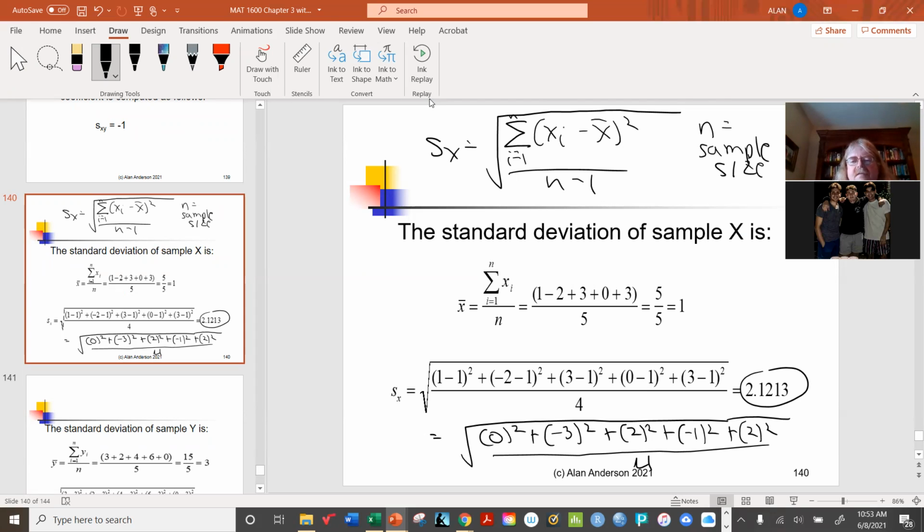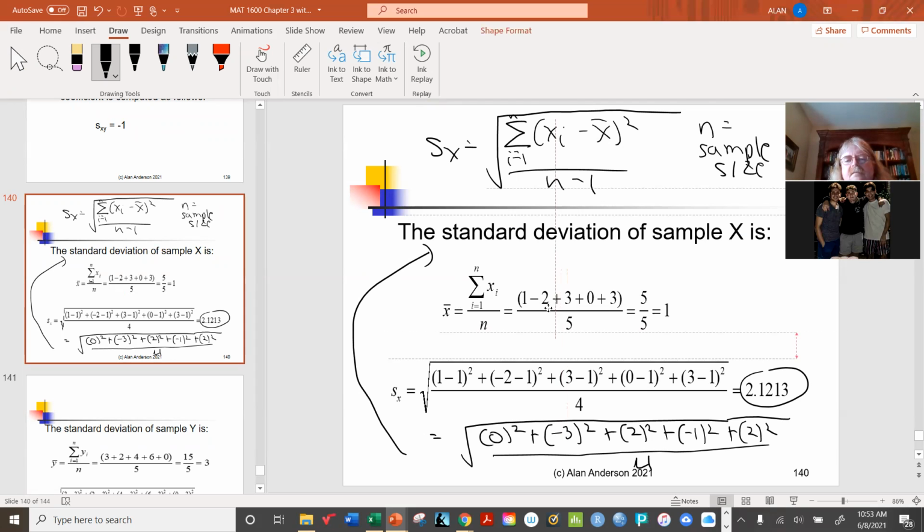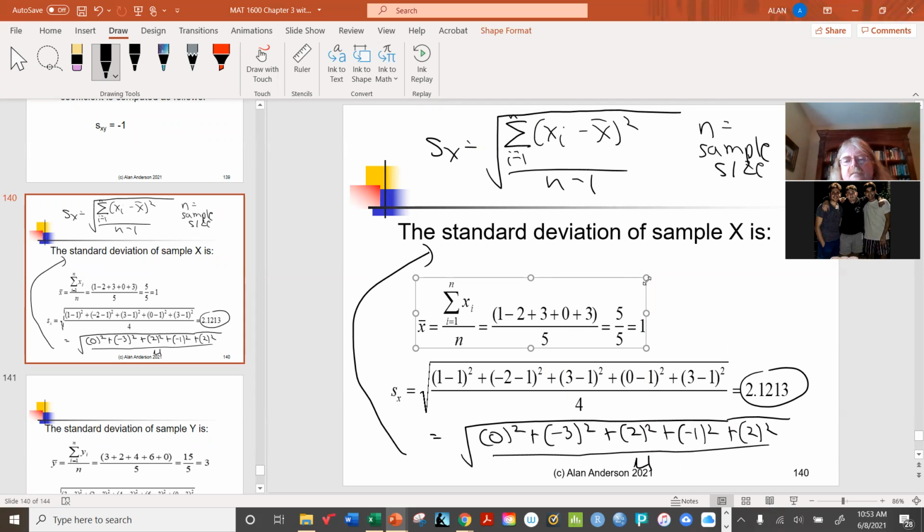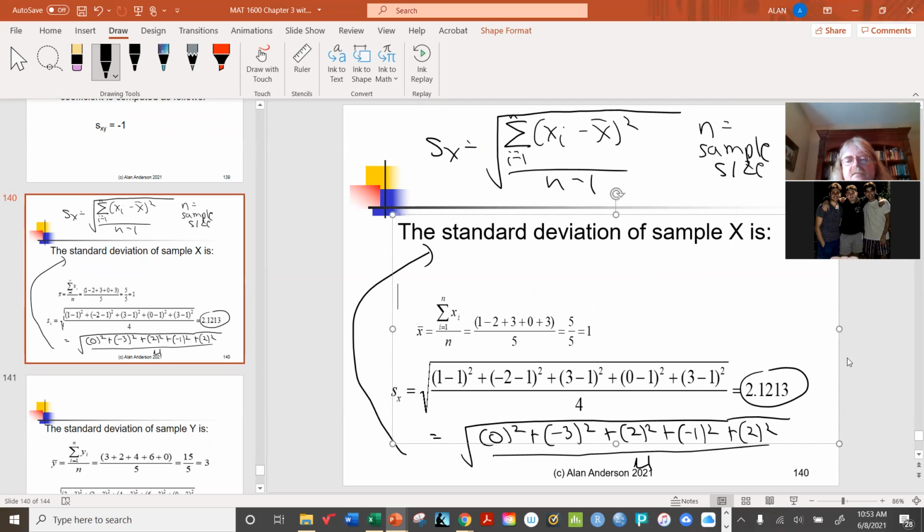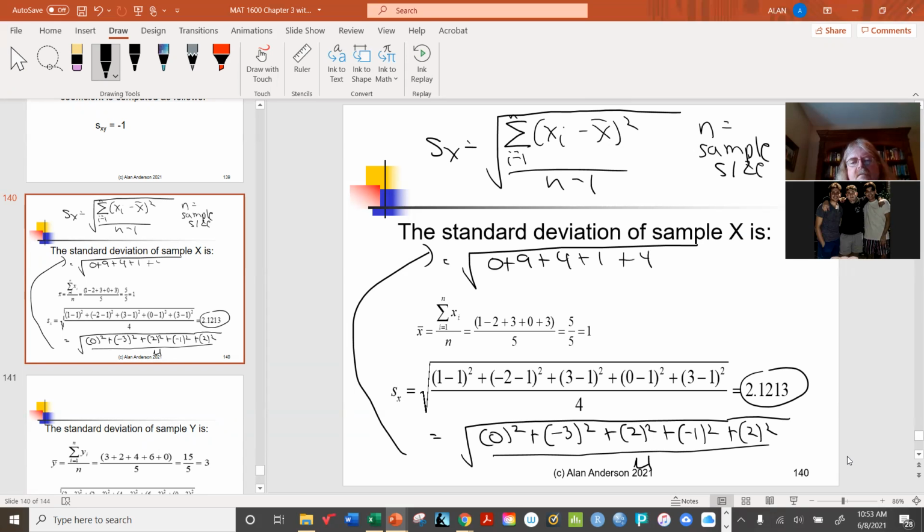Okay, so you basically got the square root of 18/4.